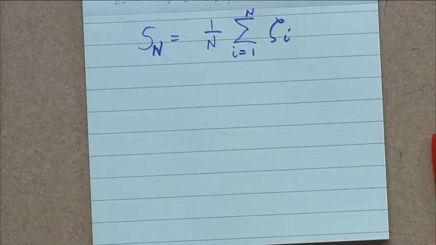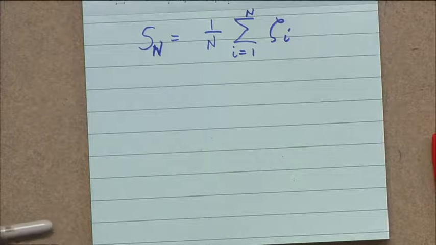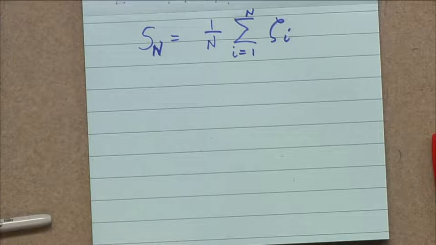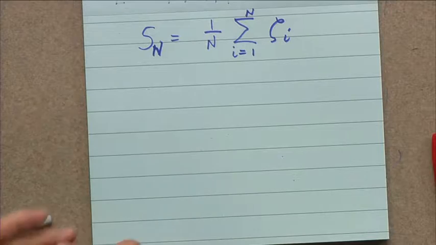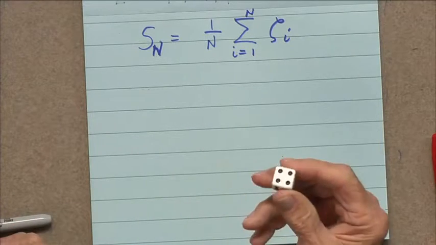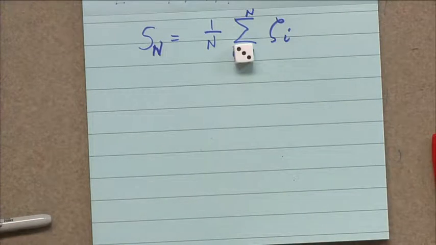Remember, that was counting successes. Zeta sub i is 1. See, here's the random variable. If we throw a 1, 2, or 3, zeta is 1.